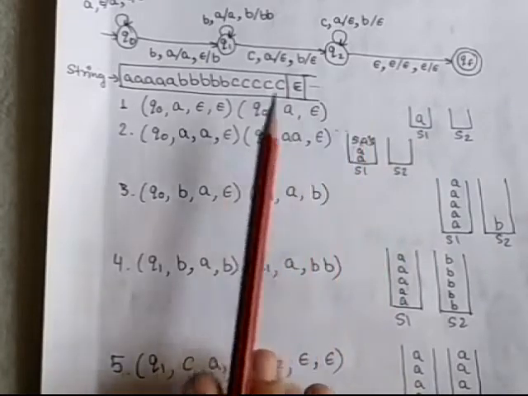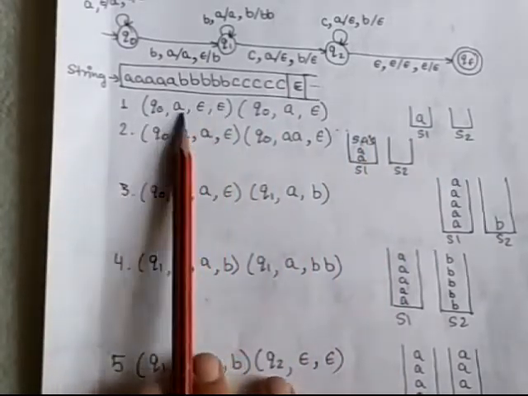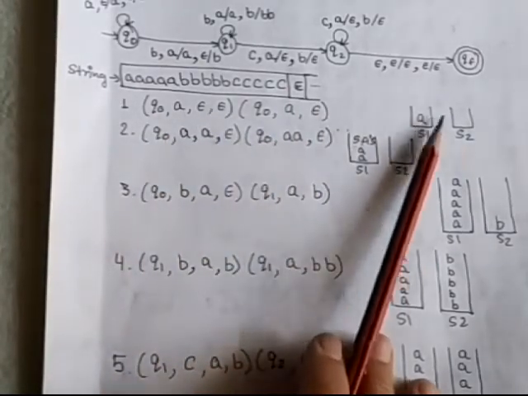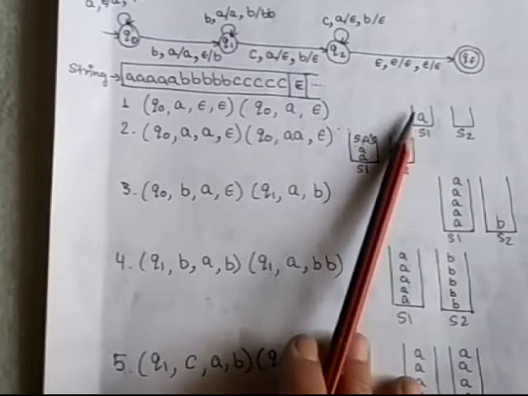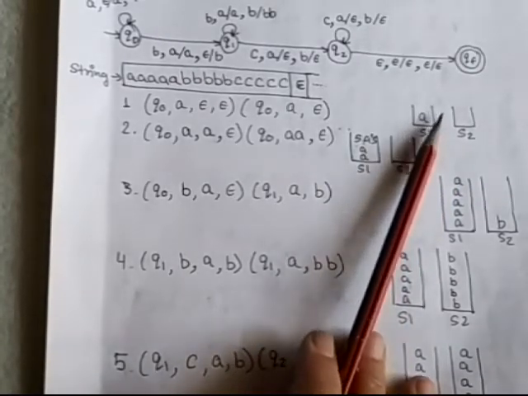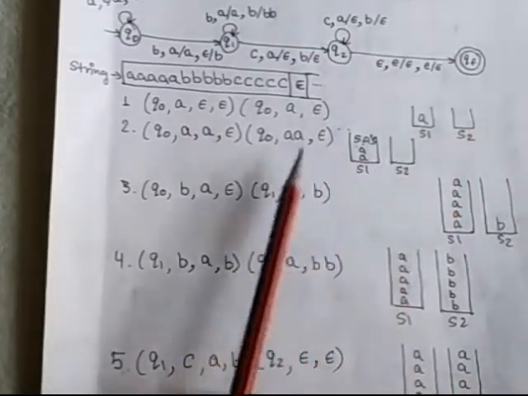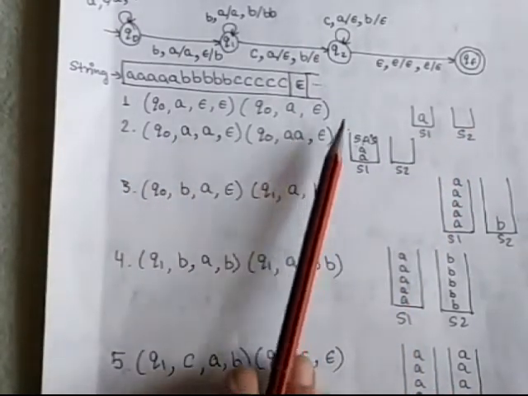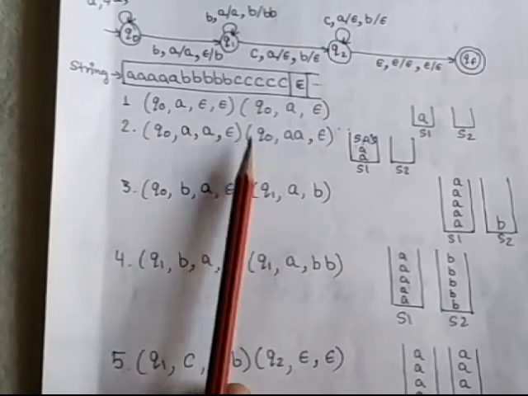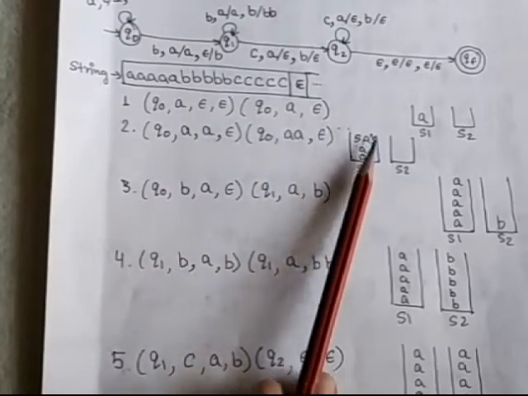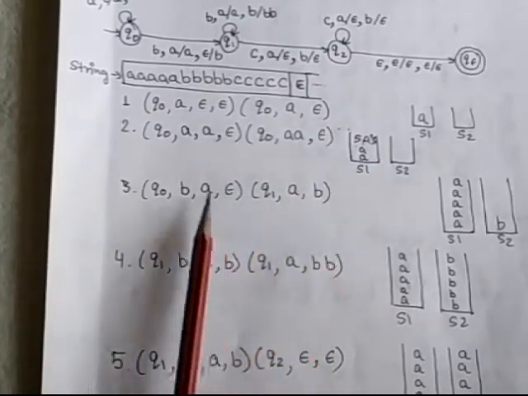Initially both these stacks were empty. After this transition, the stack positions will be like this. We push A onto stack 1, whereas we don't do anything with stack 2. In the second step, we push all the A's in stack 1.